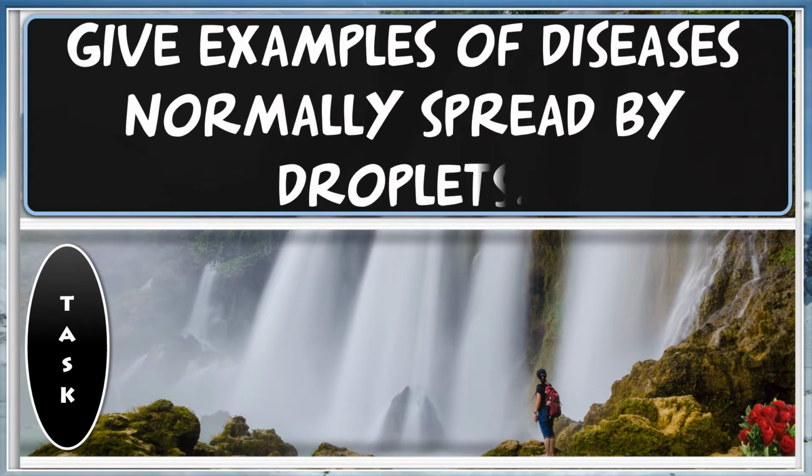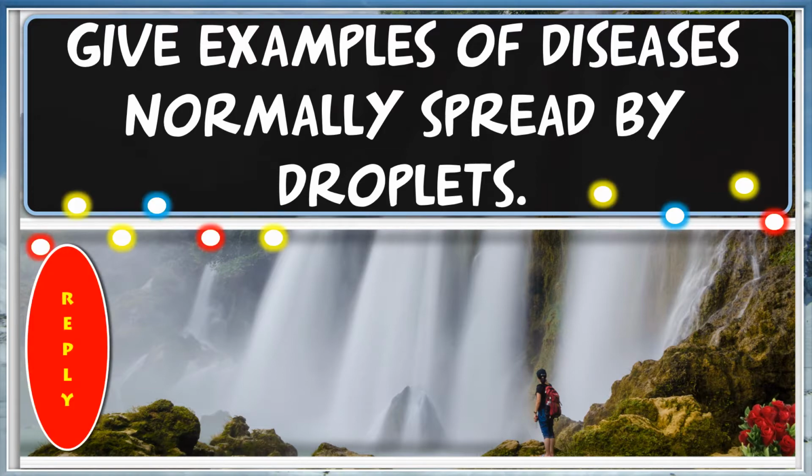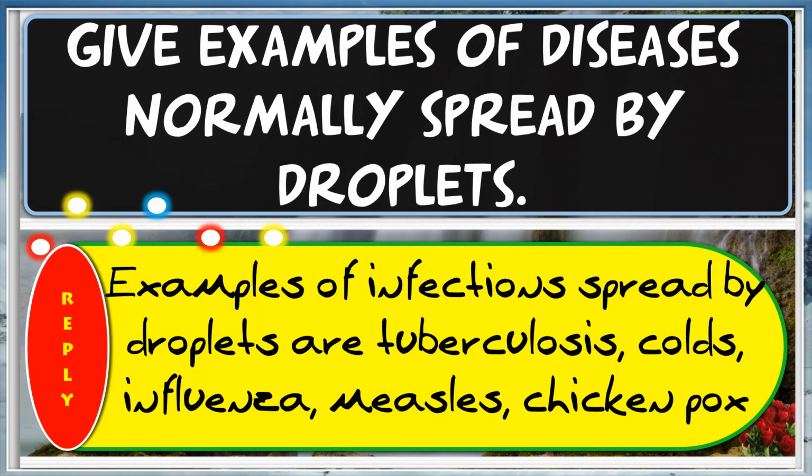Give examples of diseases normally spread by droplets. Examples of infections spread by droplets are tuberculosis, colds, influenza, measles, chicken pox.